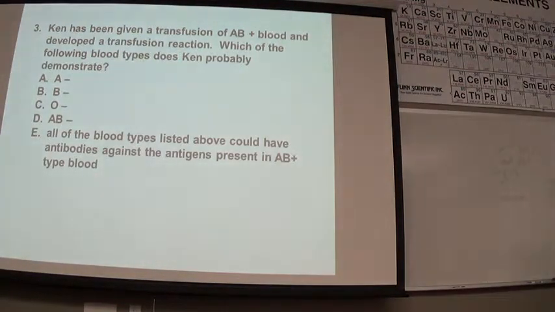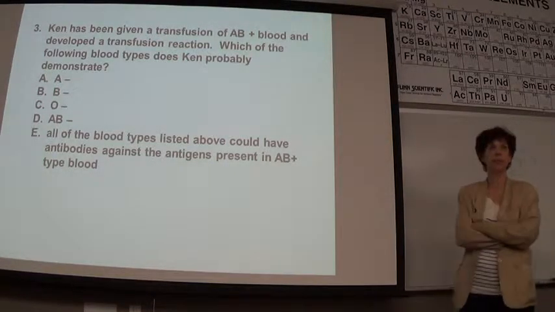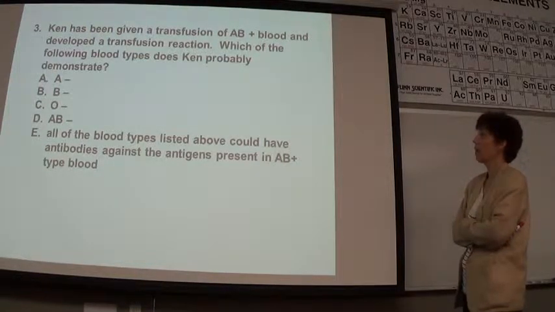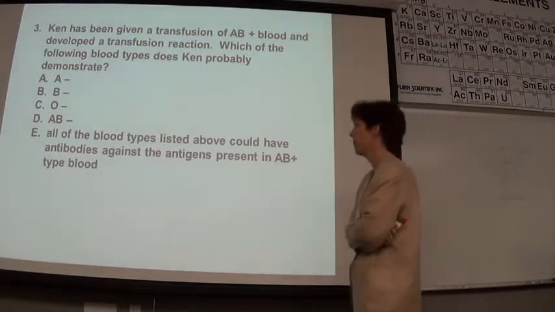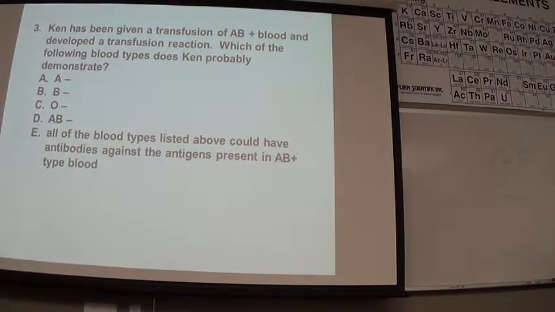So Ken has been given a transfusion of AB positive blood and develops a transfusion reaction. Which of the following blood types does Ken probably demonstrate? Any of them. So his blood type is not AB positive.